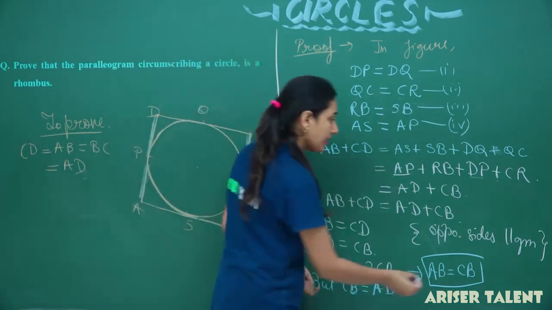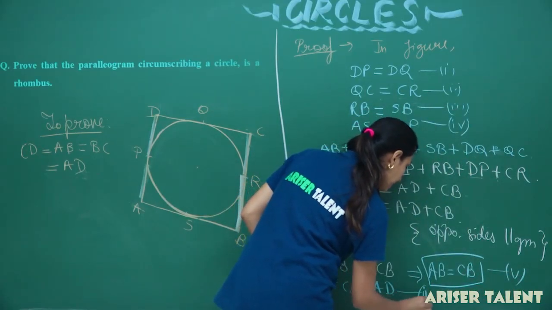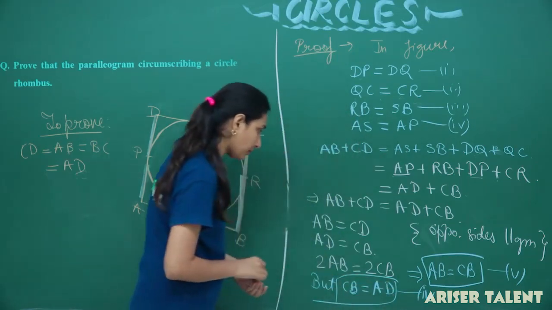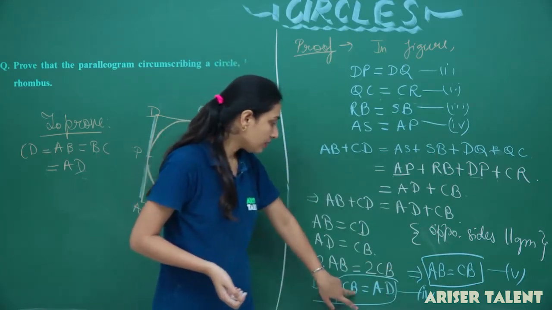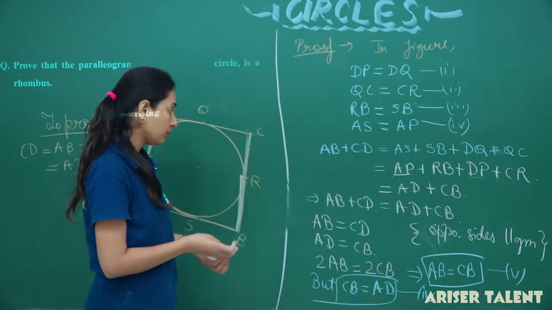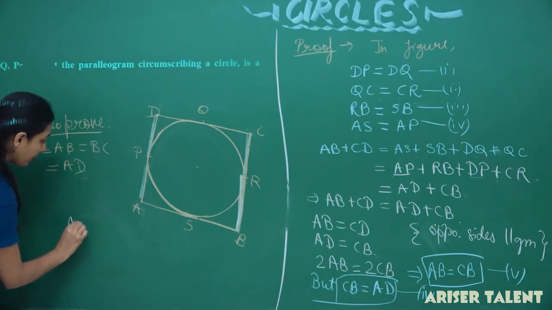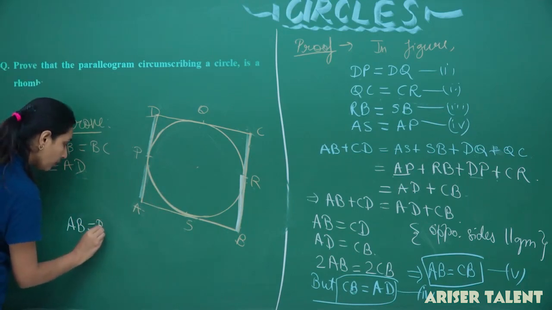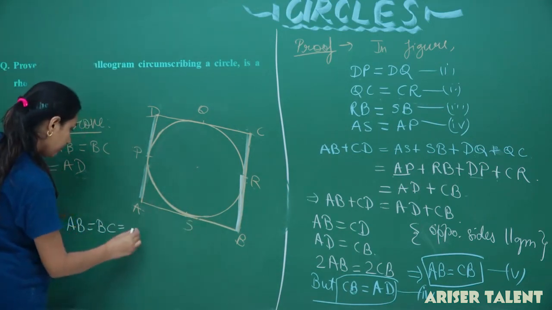So by this 5th and 6th equation, you can say that AB equals to CB equals to AD. So here I am writing it. AB equals to CB. Can I write CB as BC? Okay. BC equals to what? AD.